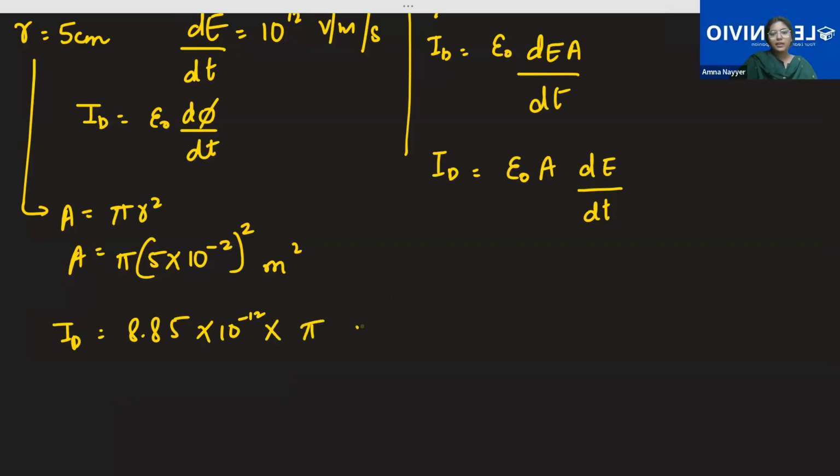Area is pi into 25 into 10 to the power minus 4, into dE over dt is 10 to the power 12. So this much you can solve. Whatever answer comes in ampere, that will be the displacement current.